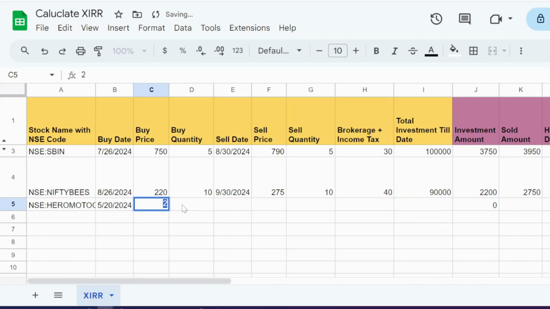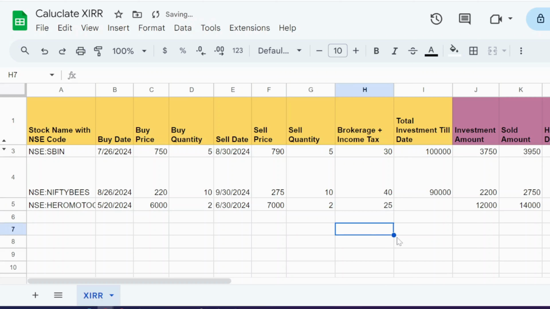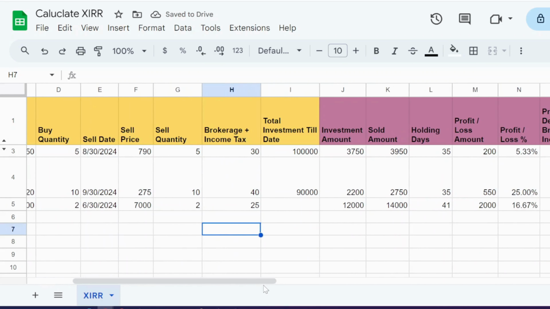I have bought for, say for example, 6,000 rupees. I have got two shares of it, and I have sold it, say for example, on 6/30/2024, and the sell price was, say for example, 7,000, and the sell quantity, I'll be selling both, and then brokerage I have given 5. And the investment till that time was 30,000.